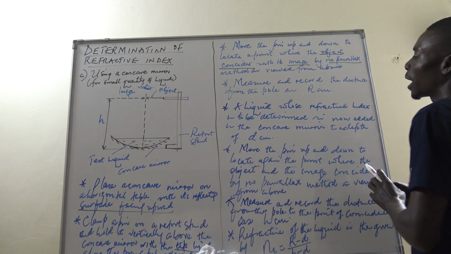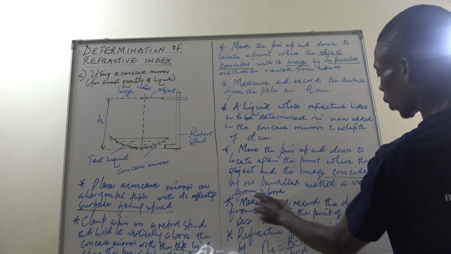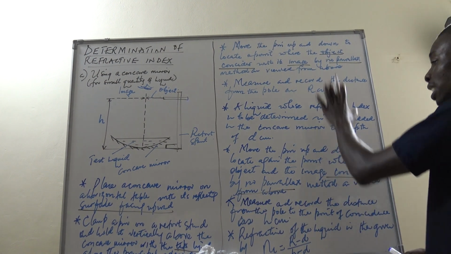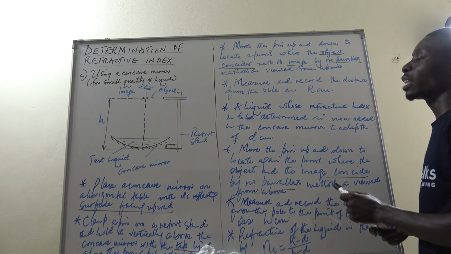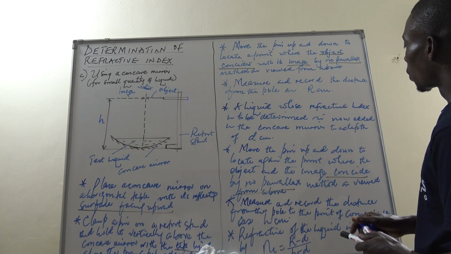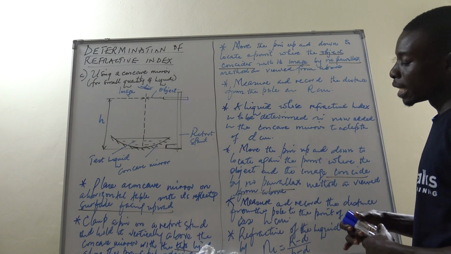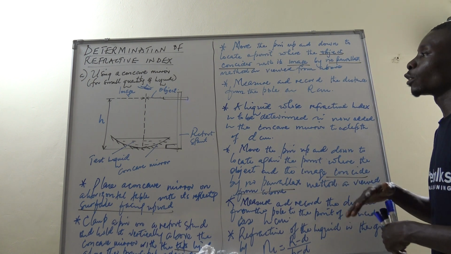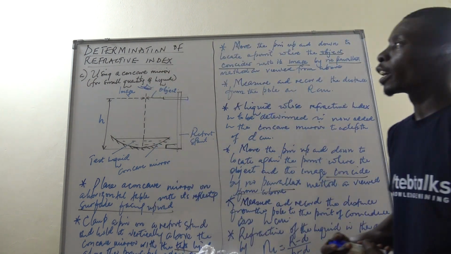Then add liquid, move up and down, and measure and record the distance. If you talk about that, you would have described the experiment for determining the refractive index of a small quantity of a liquid using a concave mirror.